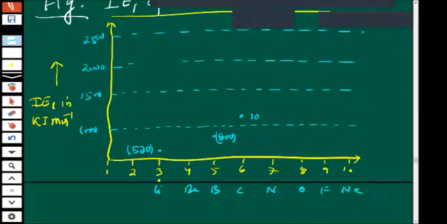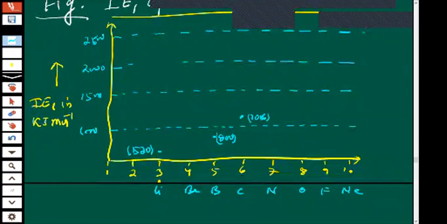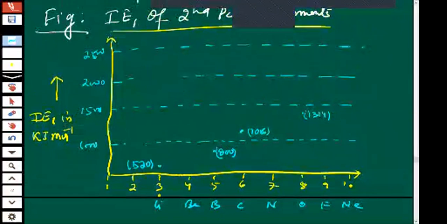Carbon, 1086, and for oxygen, 1314. These values I am getting from the NCERT book.